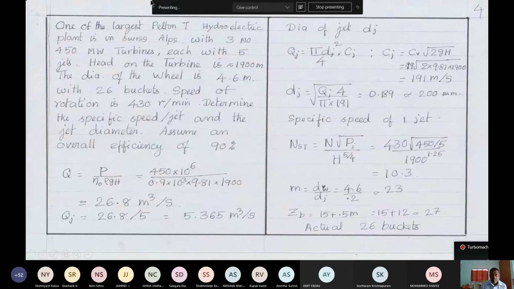Next, another small problem about Pelton turbine. It is about the largest Pelton turbine installation in the world. Yesterday I think we have seen the largest installation of Kaplan turbine, then Francis turbine. For Francis turbine, we found that single units have gone up to 700 megawatt.